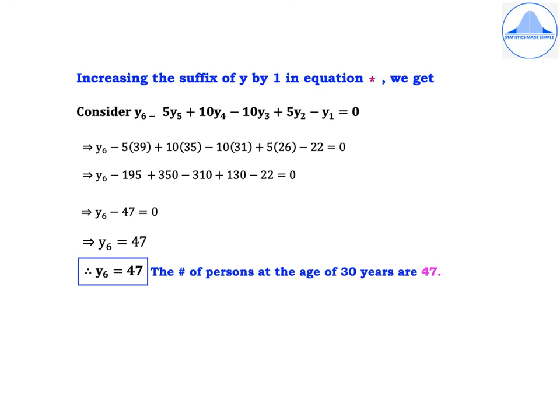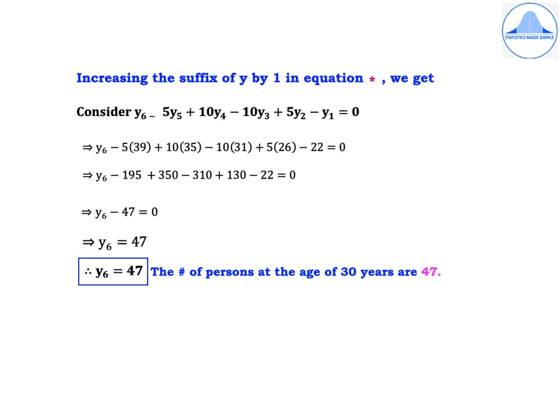To find the other missing value, we increase the suffix of y by 1 in equation star and we get y6 minus 5y5 plus 10y4 minus 10y3 plus 5y2 minus y1 equal to 0, which implies y6 minus 5 into 39 plus 10 into 35 minus 10 into 31 plus 5 into 26 minus 22 equal to 0, which implies y6 minus 195 plus 350 minus 310 plus 130 minus 22 equal to 0, which implies y6 minus 47 is equal to 0.